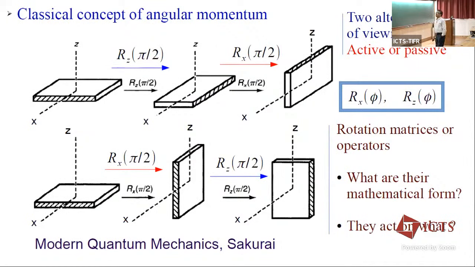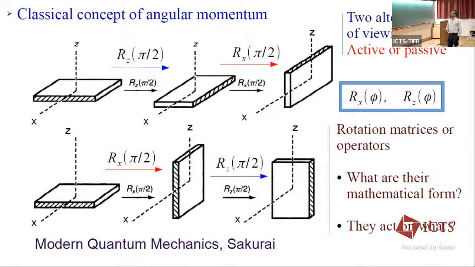Okay, so what is angular momentum? It is the angular motion. This is the standard picture I took from Sakurai's book. If you rotate an object along its z-axis by pi by 2, we call it an Rz pi by 2 operation.